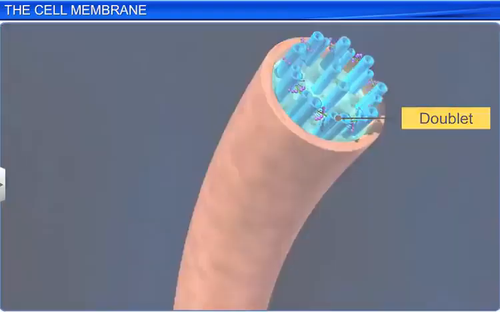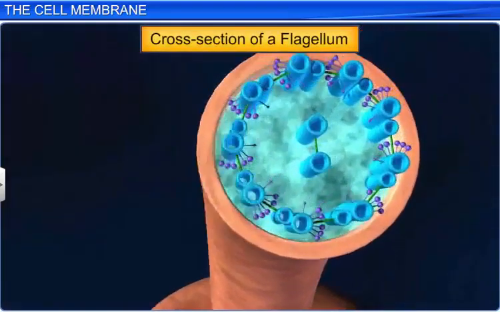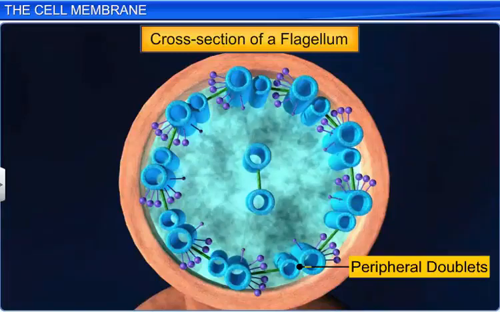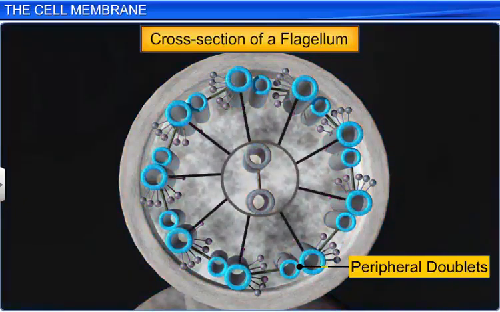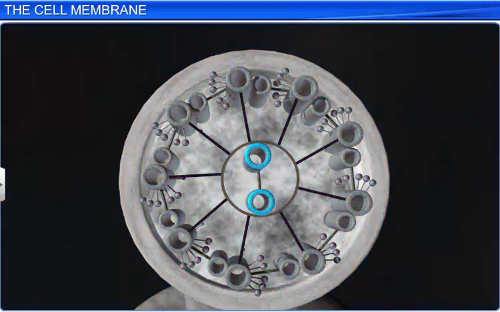If we observe a cross-section of the axoneme, we will see 9 pairs of radially arranged peripheral doublets and a pair of centrally located microtubules which are interconnected by a bridge. Such an arrangement of axonemal microtubules is known as the 9+2 array.